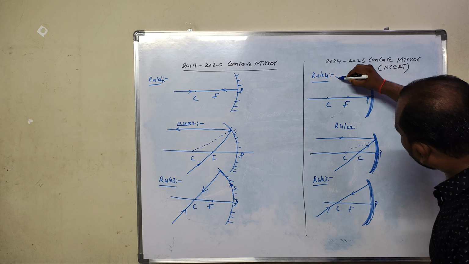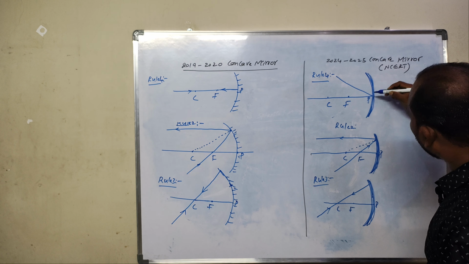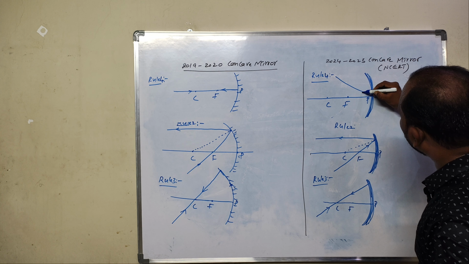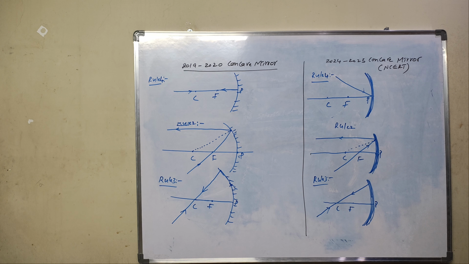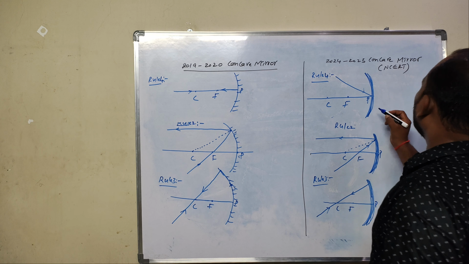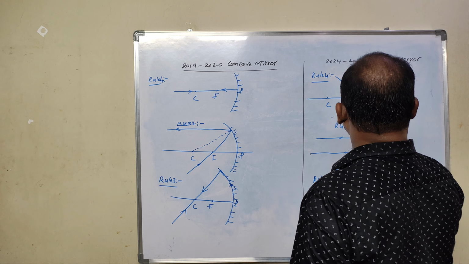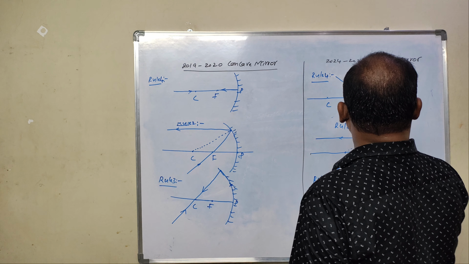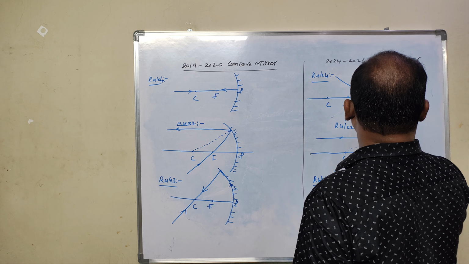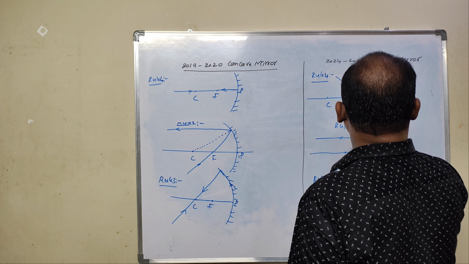Now a ray incident on pole will be reflected back. This is P, and this is reflected back.